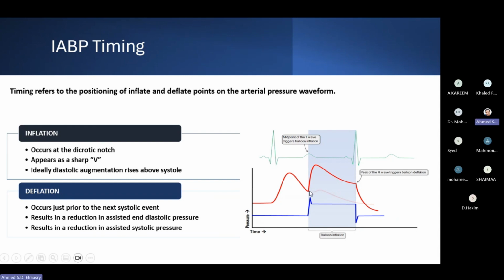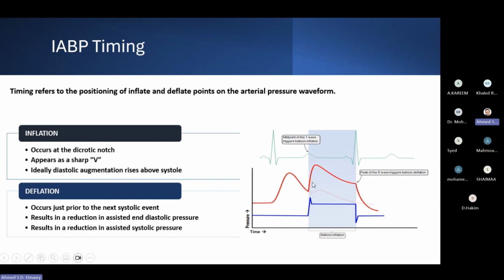Here at this point, the intra-aortic balloon starts the inflation, so we are calling this point the inflation point. And here the intra-aortic balloon starts the deflation, and we are calling this one the deflation point.